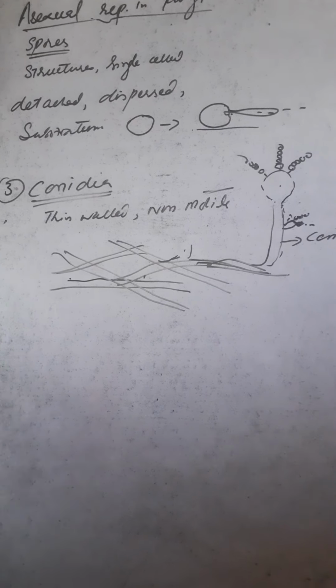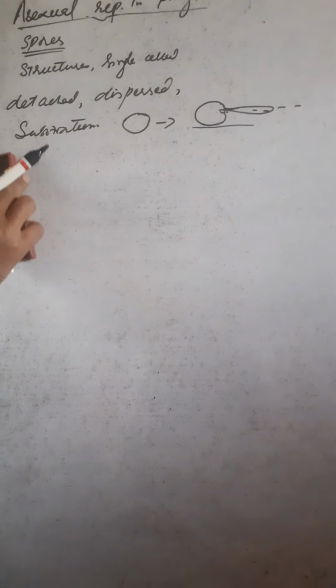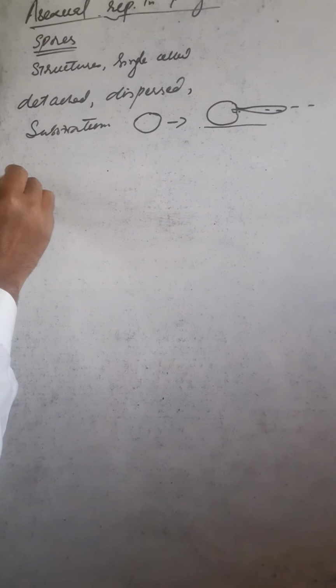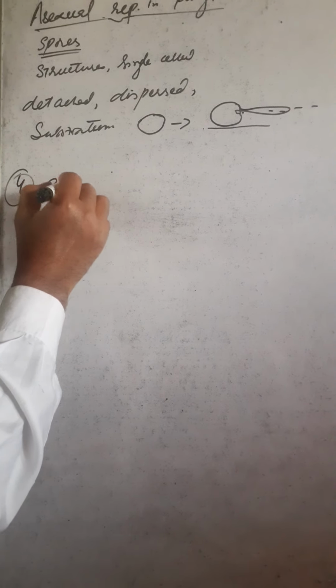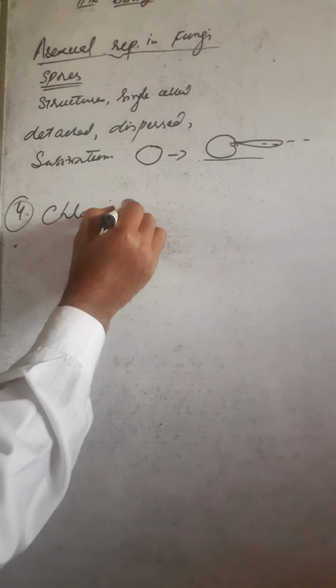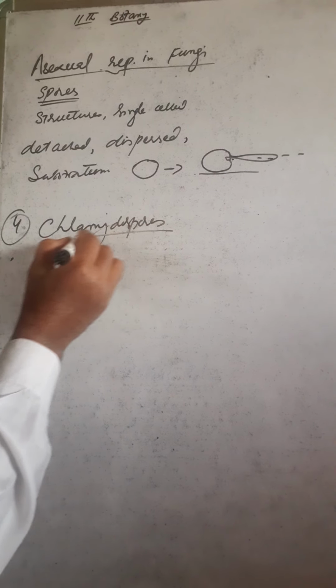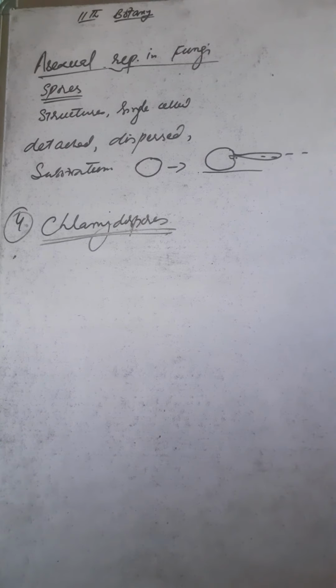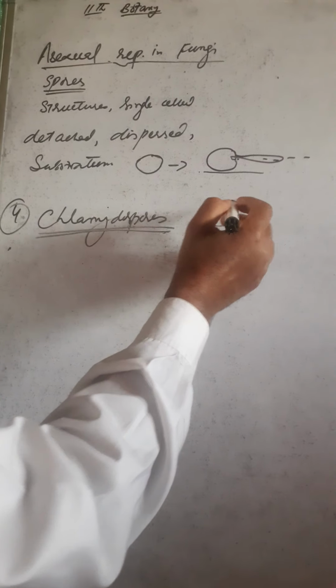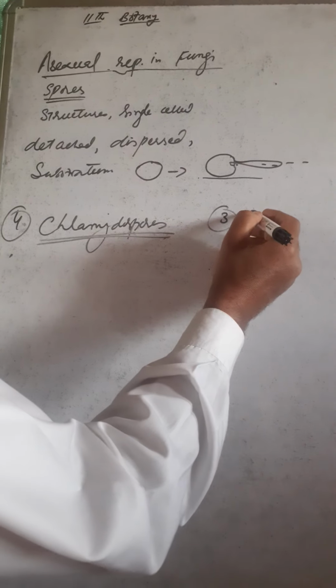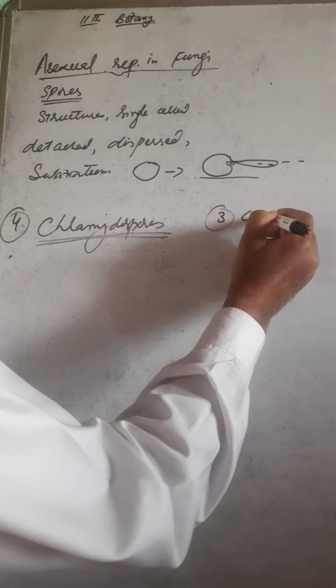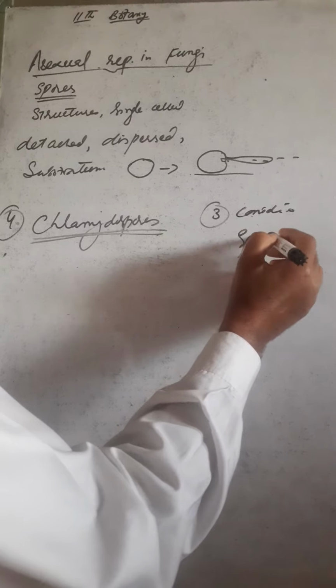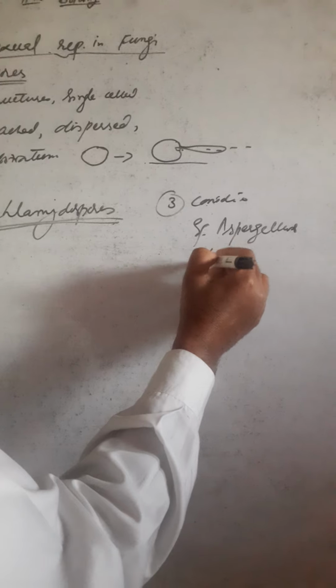Now, the fourth type of spore is the chlamydospores. The example for the third type, the conidia, is Aspergillus or Penicillium.